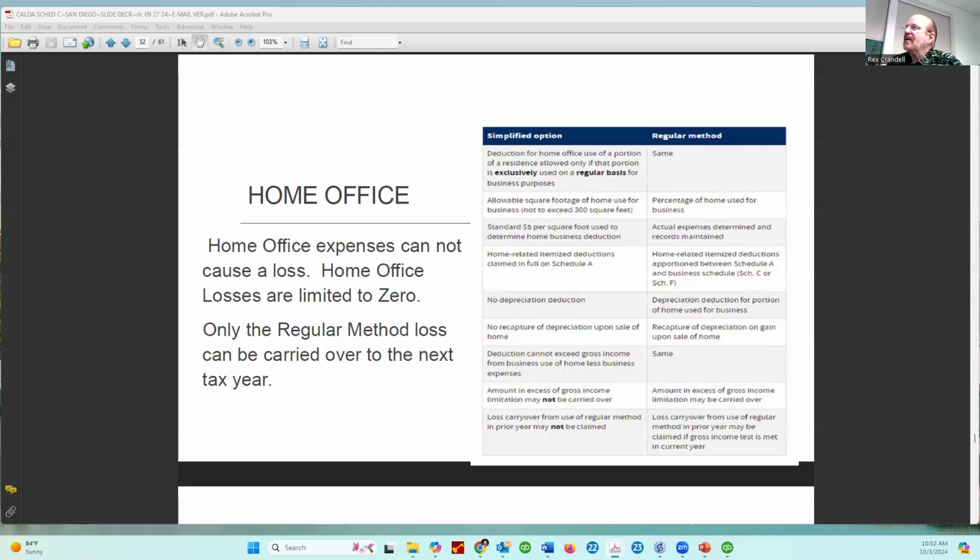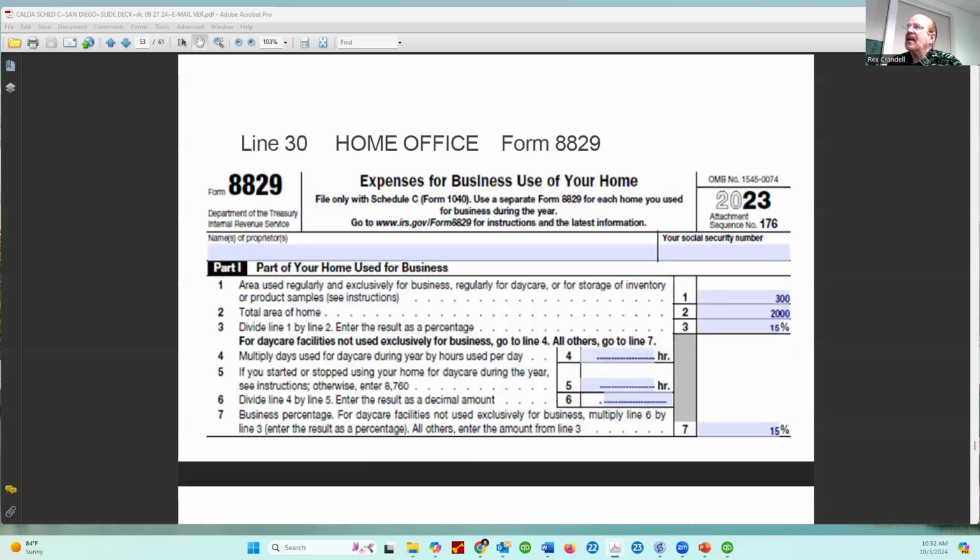So let's figure out how to calculate home office expenses. In order to do that, you need to go to IRS Form 8829, Expenses for Business Use of Your Home. In this form, it asks what your business use is.